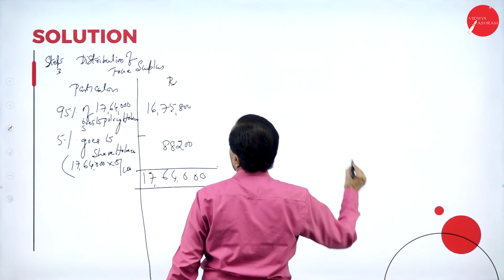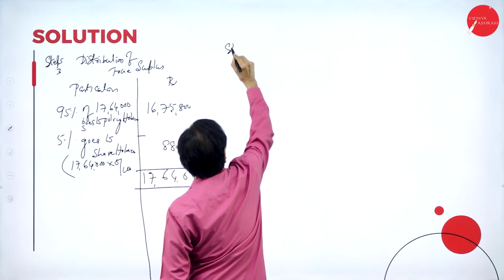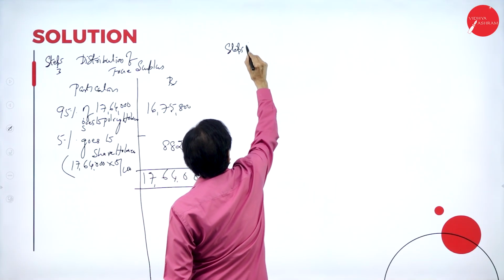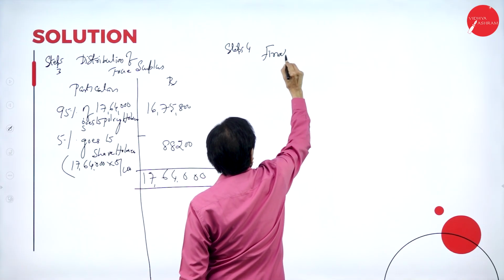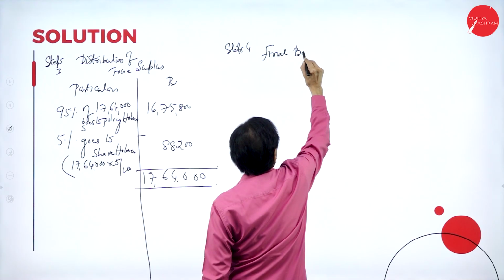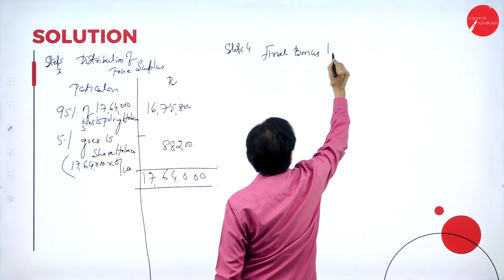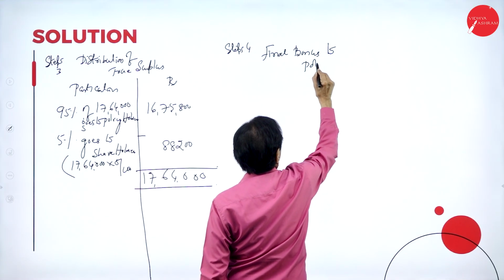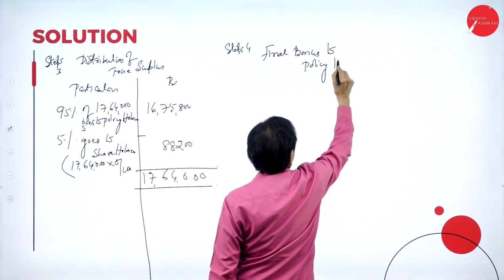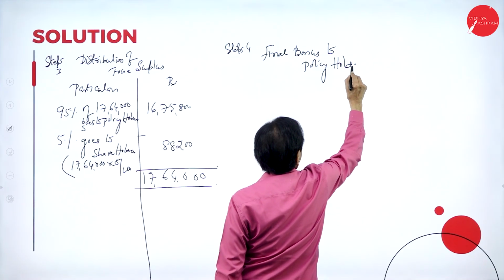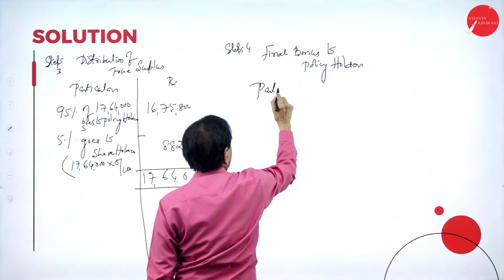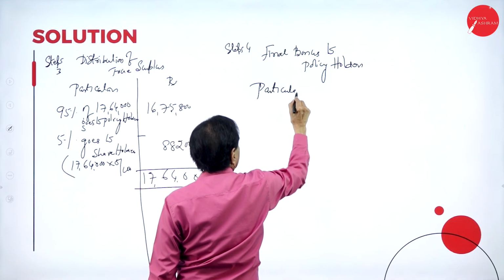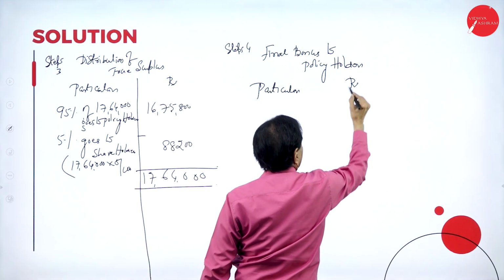Last step, step number 4. Final bonus to policy holder. Particulars, rupees.